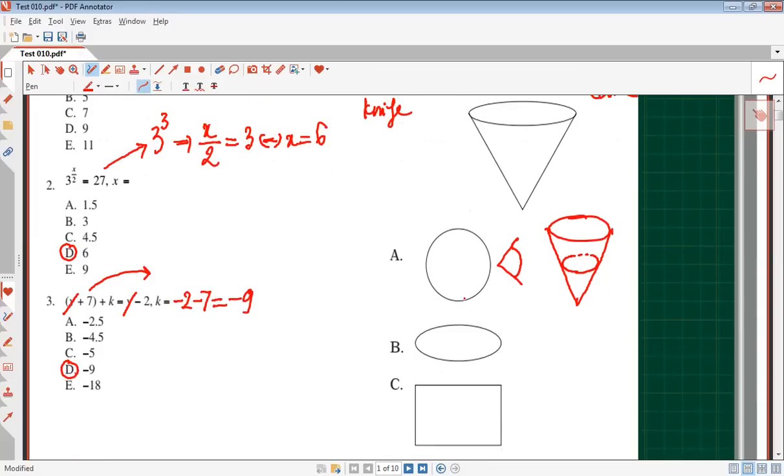Option B. It can happen if we put our knife with an angle like this, the cake like this, and if we put our knife with an angle like this, option B can happen.